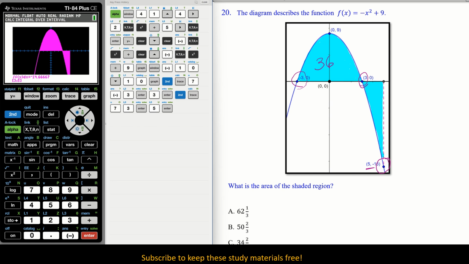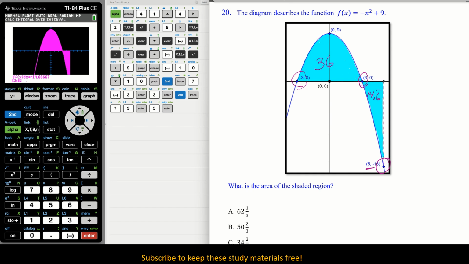Remember, it's area, we are simply taking the absolute value. When we were doing it numerically, that is what we did. Pictorially, still the same. So the absolute value of a negative is the positive. So we just need that 14 with 6 repeating.